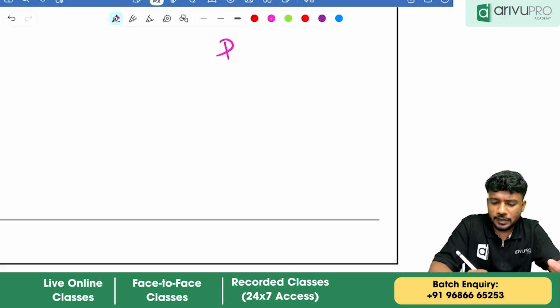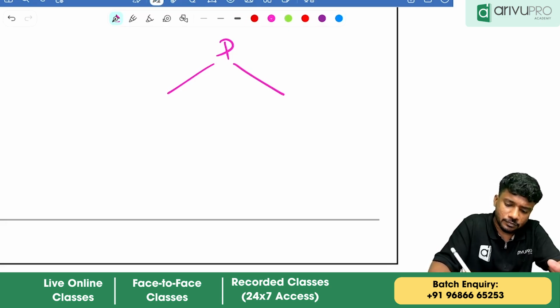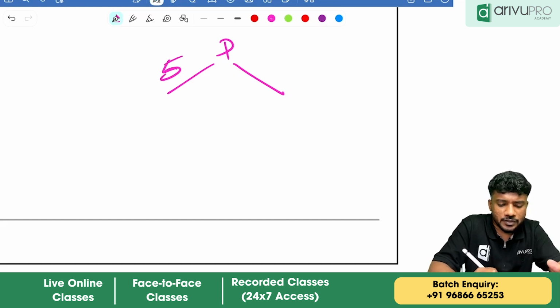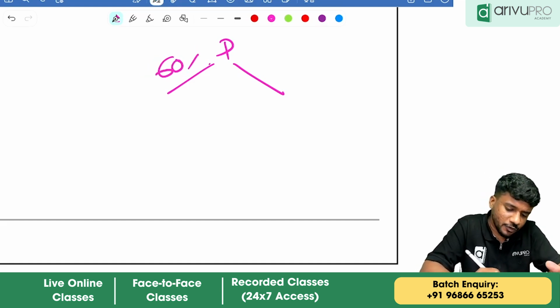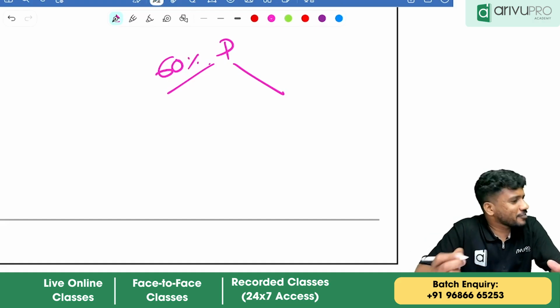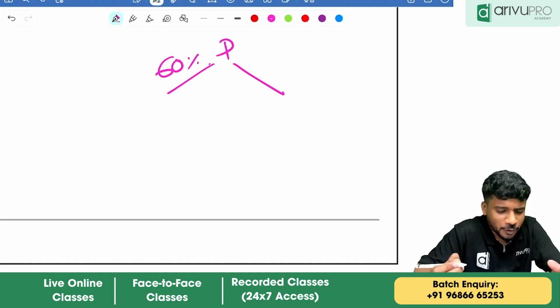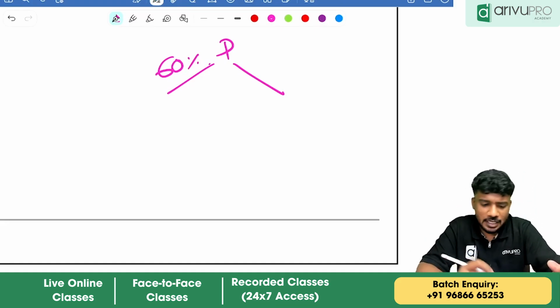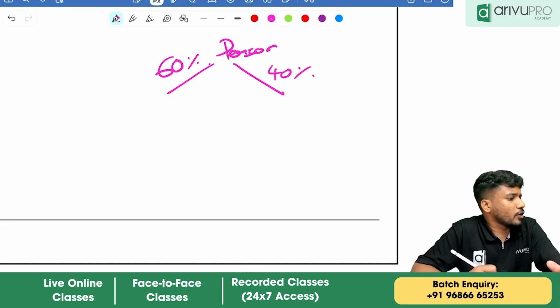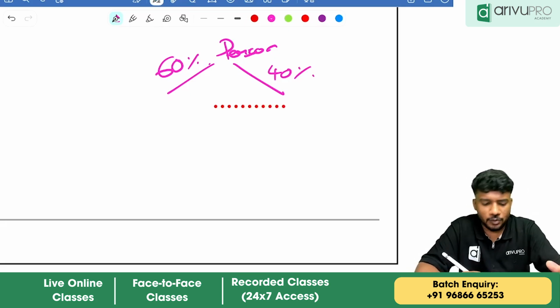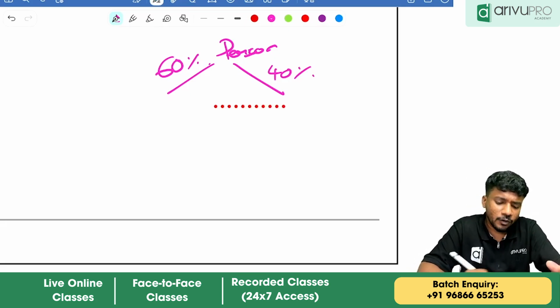Probability of a person passing the examination is 50%. Or 60% I'll take, so that there will be no confusion. Probability of a person passing the examination is 60%. Then the probability of a person failing the examination will be what? 40%. Okay. Now, or should I go with the studying part?